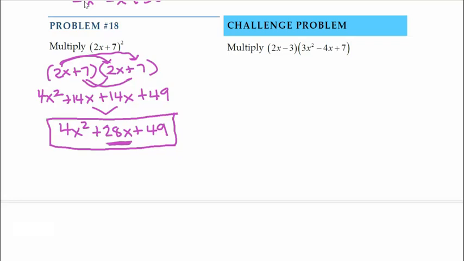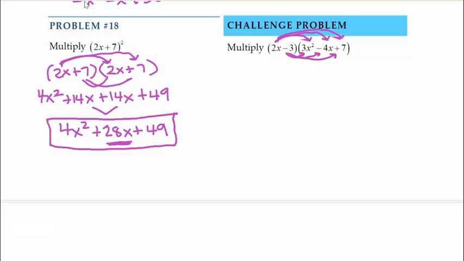And then this is really just the same idea that we've been doing before, right? We can't really use the FOIL acronym because we have 3 different terms here, but you're still taking that 2x, distributing it to everybody, and then taking that negative 3 and distributing it to everybody. Okay, so let's do that. It's really quick here.